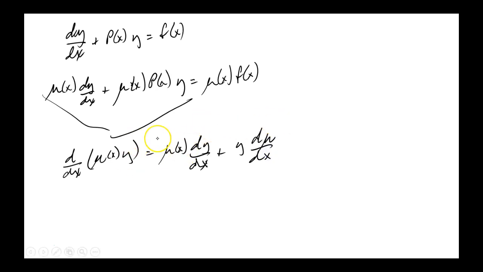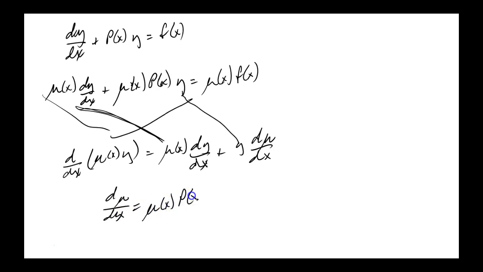Notice this first term is exactly what we've got, and we've got a y on both of these. So all we need is for d mu/dx to equal mu of x p of x. If we could get that to be true, then we've got it knocked. That is what we want.